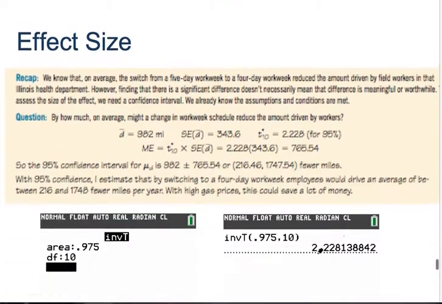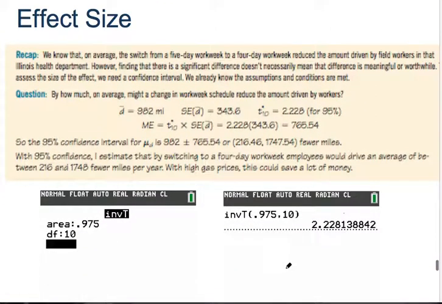All right, so next we're going to talk about effect size, and that's really where the confidence interval comes into play with this. So the question is, by how much on average might a change in work week schedule reduce the amount driven by workers? So same information here. This is the mean. This is the standard error. And the only difference is right here where we have to figure out what this t-value is. So I put it right here.